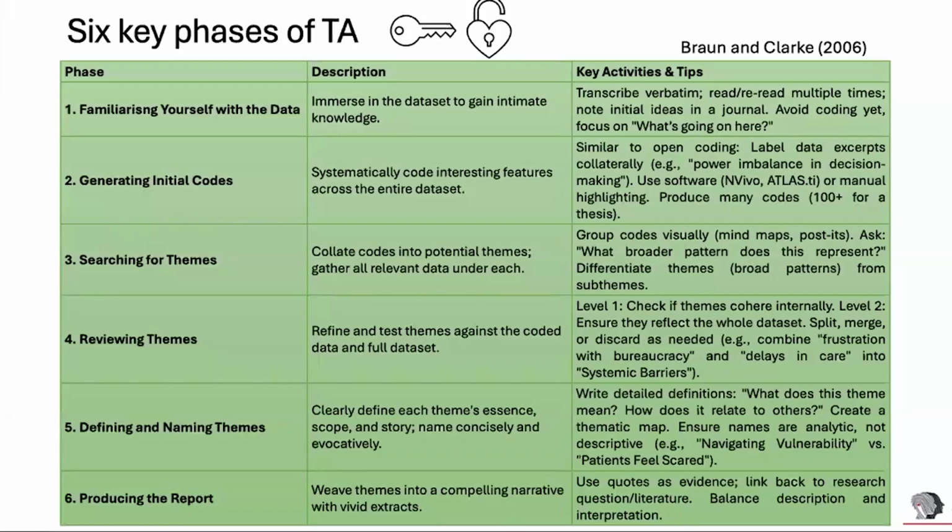And therefore, you should be analyzing that under a different theme. So checking how these themes are coherent is very important.